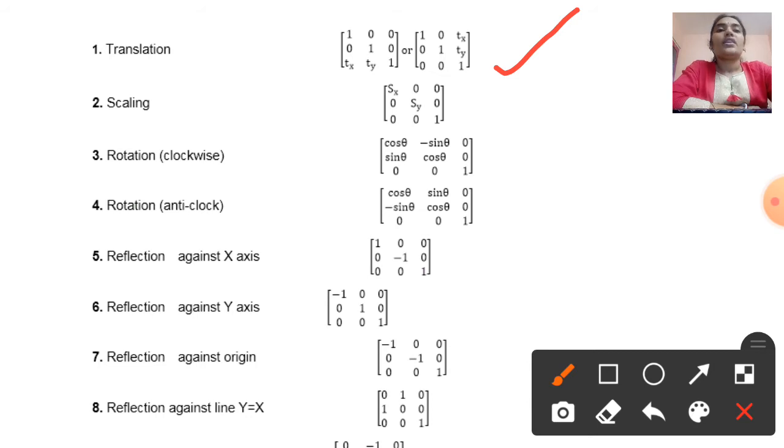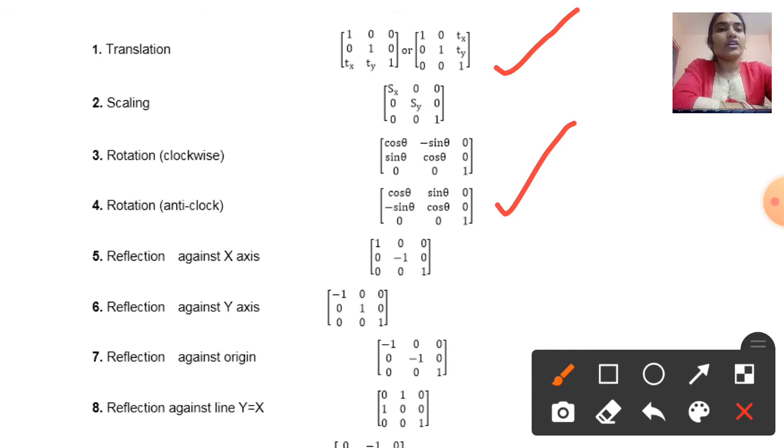These two are your rotations, clockwise and anti-clockwise. Next, reflection against the x-axis. Reflection against the x-axis we will study in a 2 cross 2 matrix.